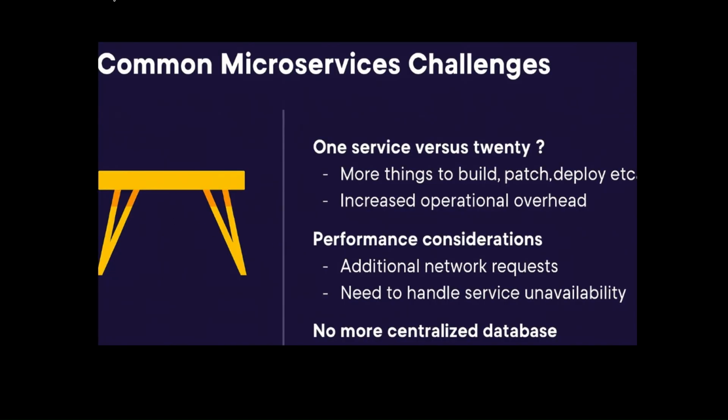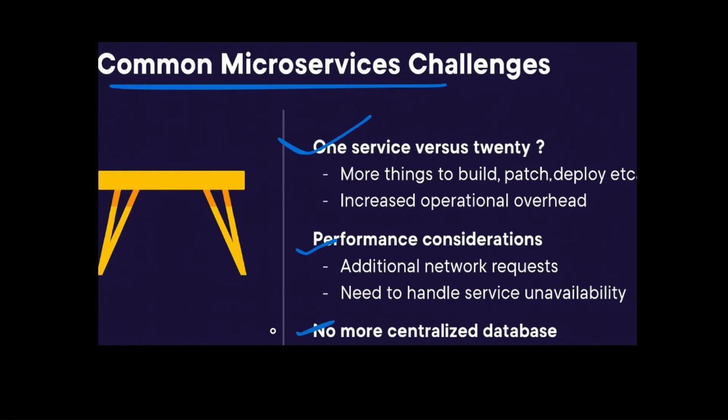In the end, let's go through the common microservice challenges. First, one service versus 20. When you break a monolith into 10 or 20 microservices, you now have many more things to build, patch, deploy, monitor, and secure. This increases operational overhead. Next, performance considerations. Performance becomes a key concern in microservices architecture. Each service call now happens over the network, which adds latency, failure points, and the need for retries and fallback.